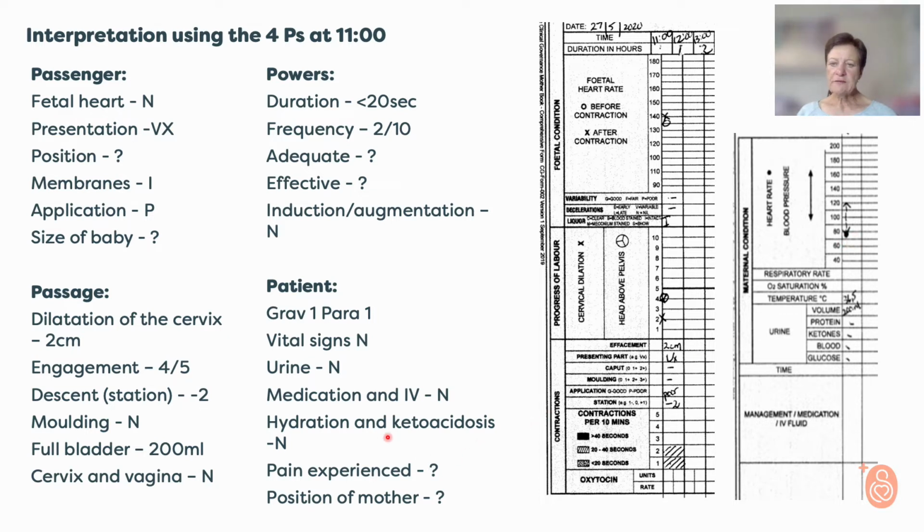We're not 100% sure what pain she's experiencing, so we will need to find out about that. And now the question is, what are we going to do with this mother? What's our treatment and our management going to be with this mother when we see all these observations and where we are now?